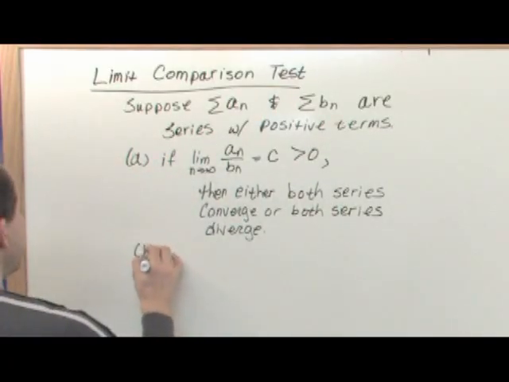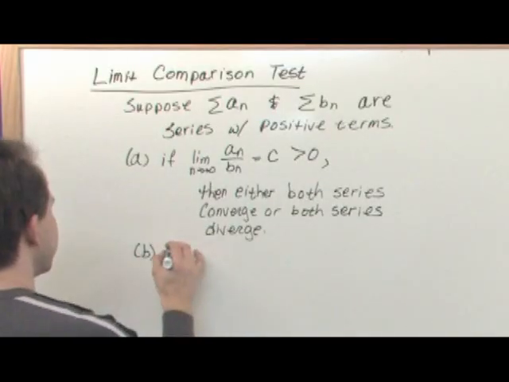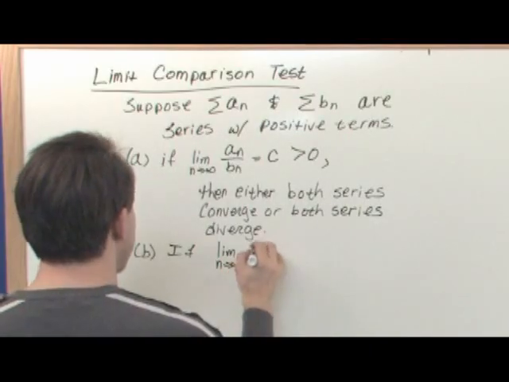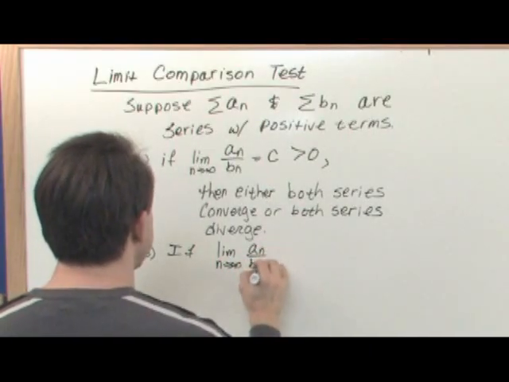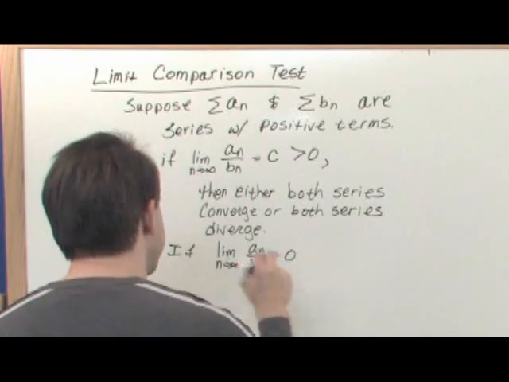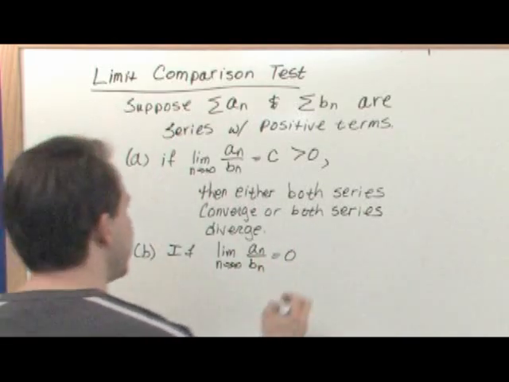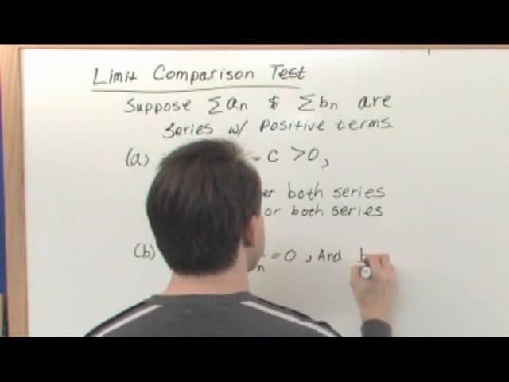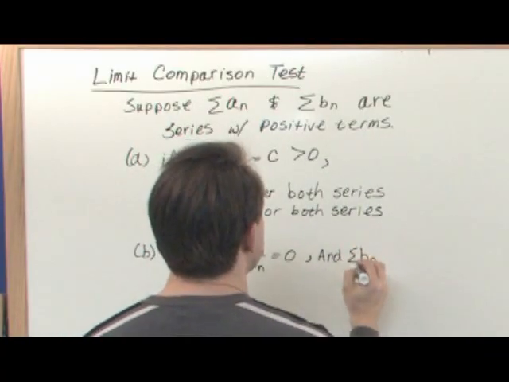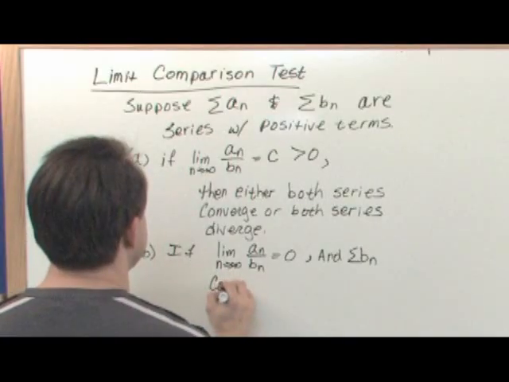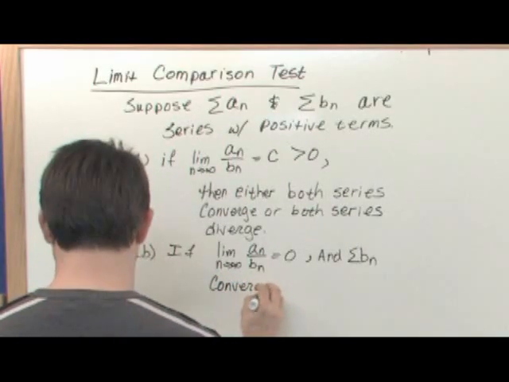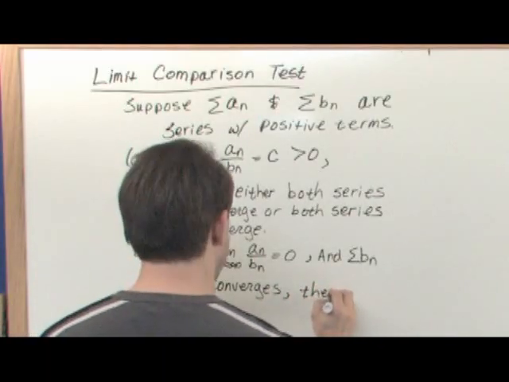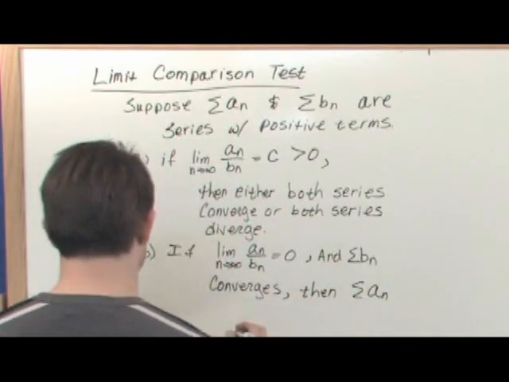Now over to part B. Okay, if the limit as n approaches infinity of a sub n over b sub n, the elements, is equal to 0, exactly equal to 0, okay, and b sub n converges, okay, then a sub n also converges.